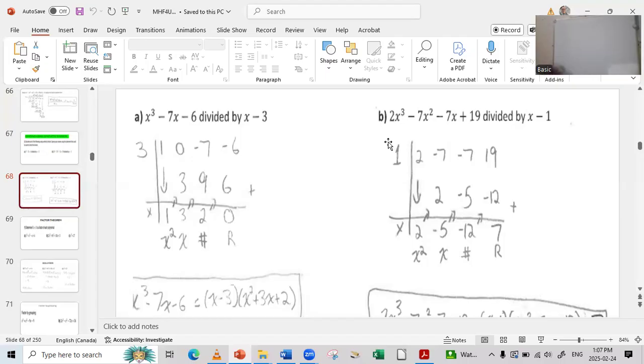I'm looking for an example which is all inclusive, like 2x cubed minus 7x squared minus 7x plus 19.